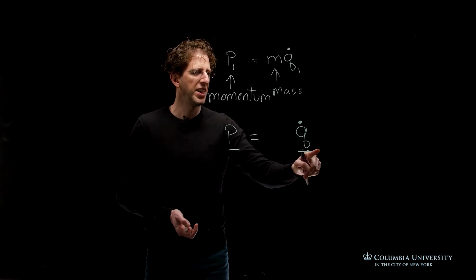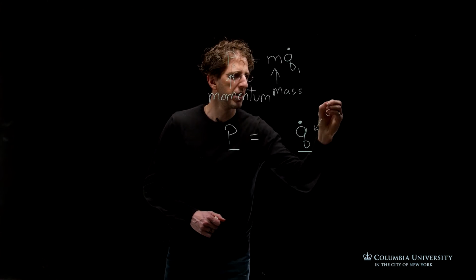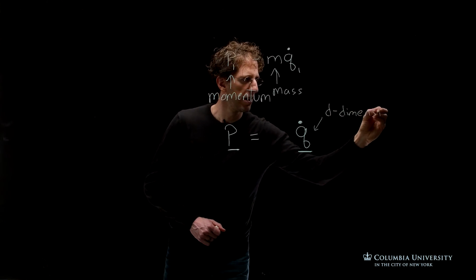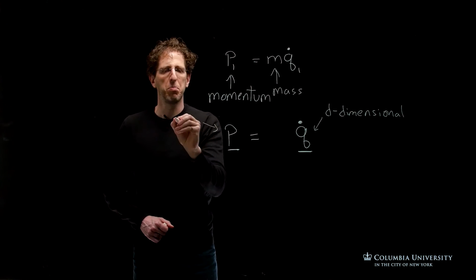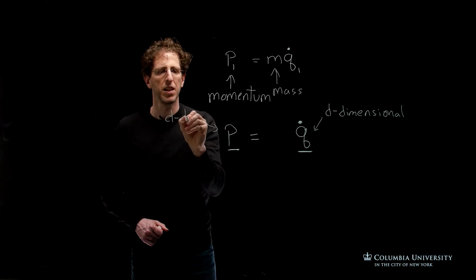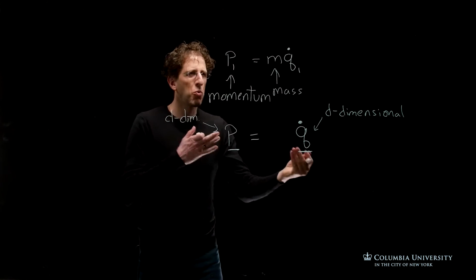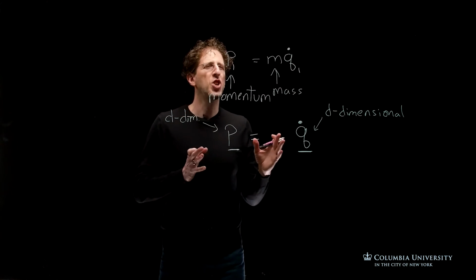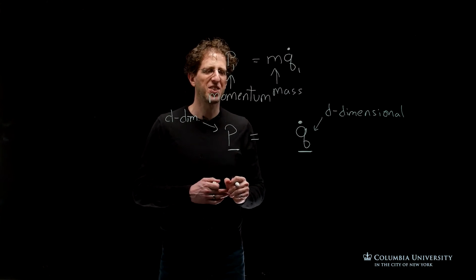If the velocity is a d-dimensional vector, and same thing with p, the momentum is d-dimensional, then what's the most general linear relationship between two d-dimensional vectors?